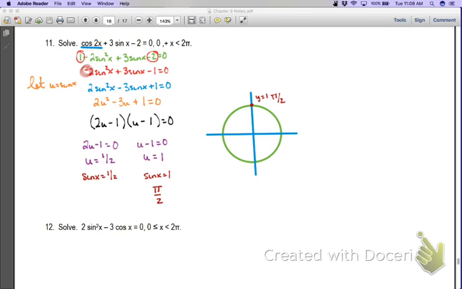Then, when is it at 1/2? 1/2, just the standard, pi over 6. Another one, 5 pi over 6. So, pi over 6 and 5 pi over 6. Here are my 3 answers.